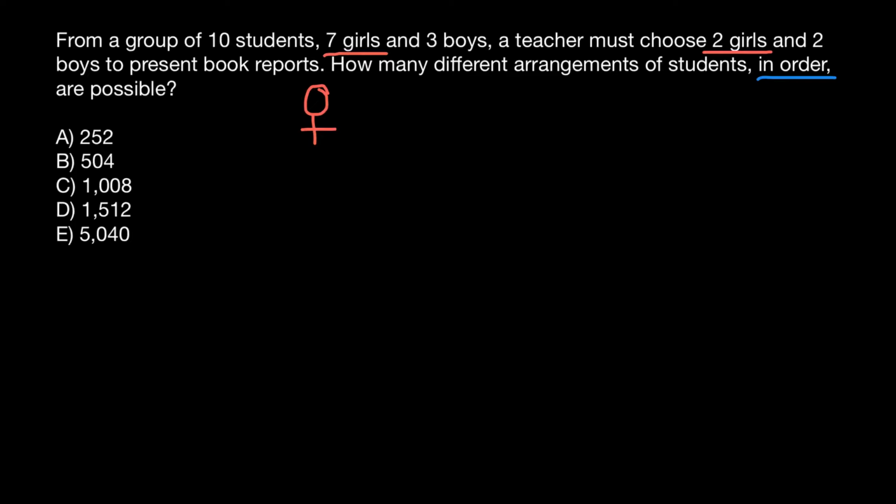So this is going to be the girls' names: girl 1, 2, 3, 4, 5, 6, and 7. And let's build a simple Punnett square.